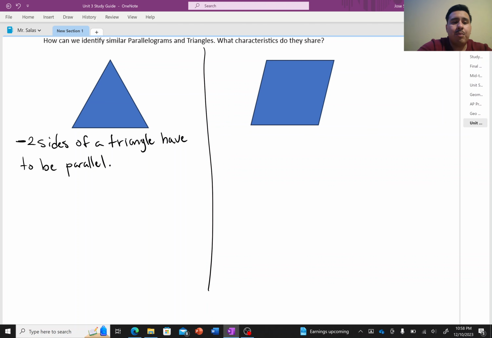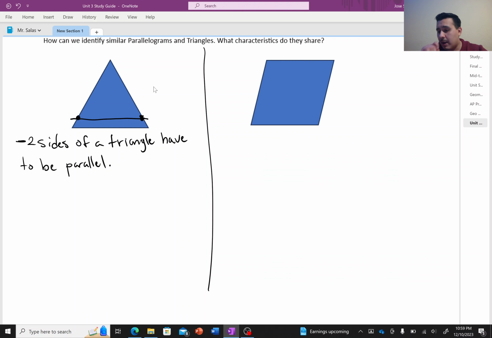So for example, if I have a point here and another point here, and I connect them, pretend that these are straight lines, that means that this line right here, if it's parallel to this bottom line here, that means that this small triangle is similar to this giant triangle, right? That was the first way that we were able to identify similar triangles.